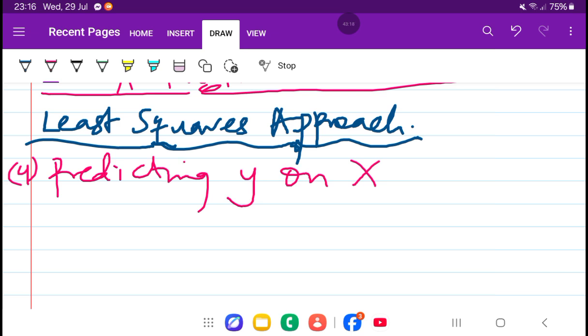In this regression line, we are going to use the same approach, making the same equation y equal to a plus bx.